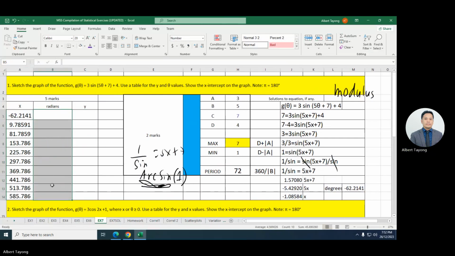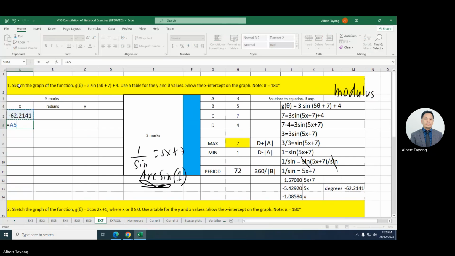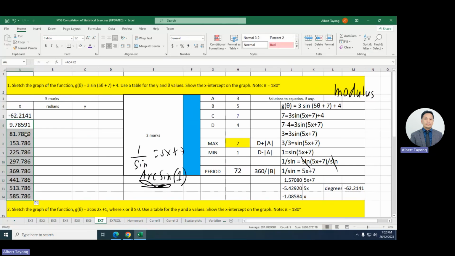Again, here what we did was, let's try using the period. What will happen? If we use the period equals this plus the period 72, and drag it down, it will be 72 all added. 9.78 plus 72 plus 72 plus 72.